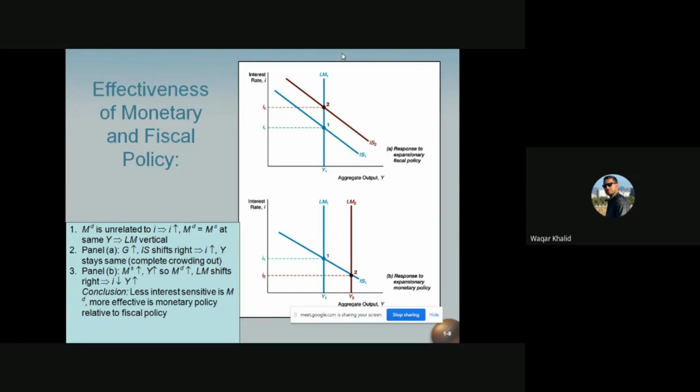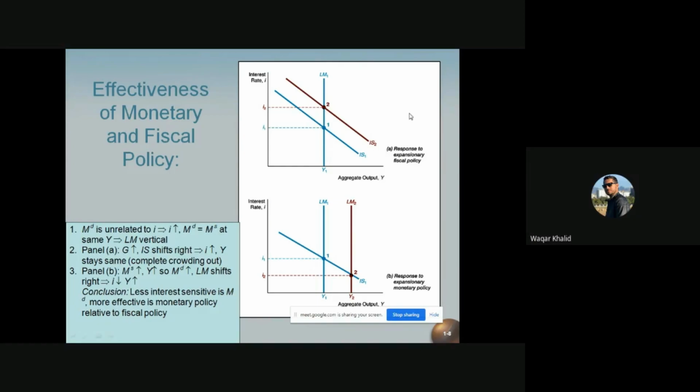So in panel A, an expansionary fiscal policy increases government spending. If the government adopts an expansionary fiscal policy, it means that the government increases its expenditures or decreases taxes. An increase in government spending or a decrease in taxes shifts the IS curve from IS1 to IS2.